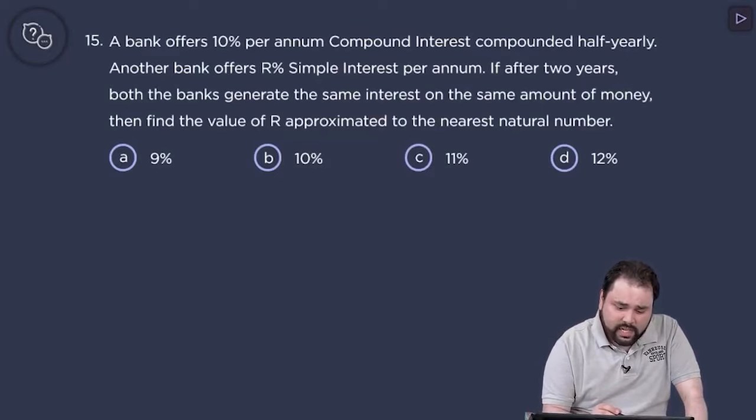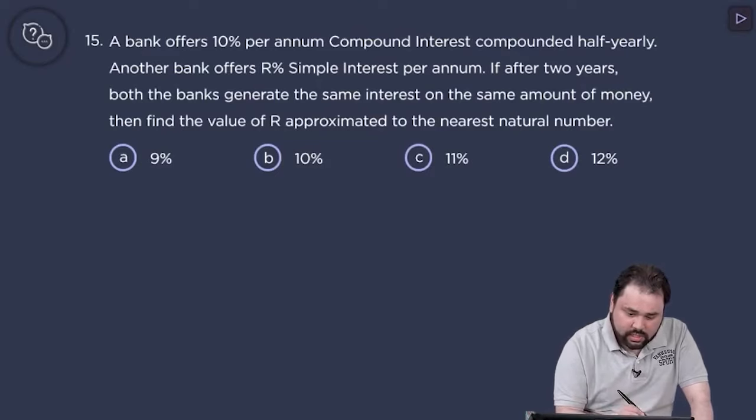Bank offers 10% per annum compound interest compounded half yearly. Another bank offers R% simple interest per annum. If after 2 years both the banks generate the same interest on the same amount of money, then fine. Okay, so what will be the compound interest?